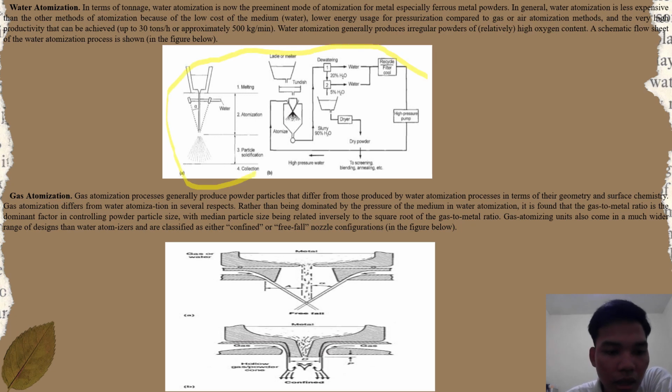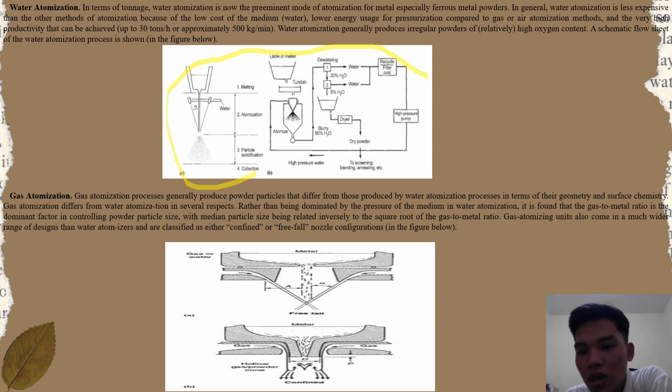Gas atomization processes generally produce powder particles that differ from those produced by water atomization processes in terms of geometry and surface chemistry. Gas atomization differs from water atomization in several respects, rather than being limited by the properties of the medium.